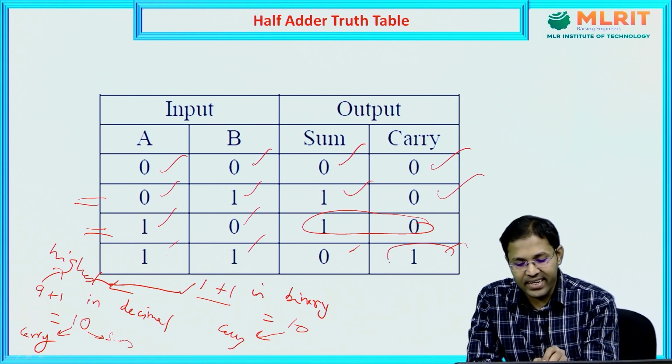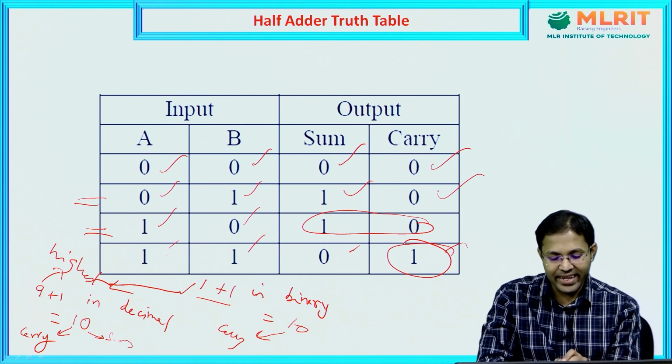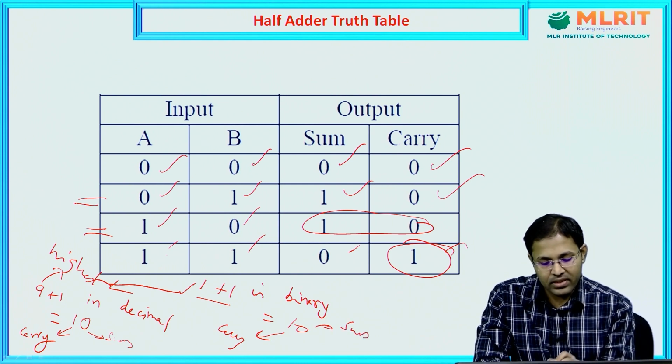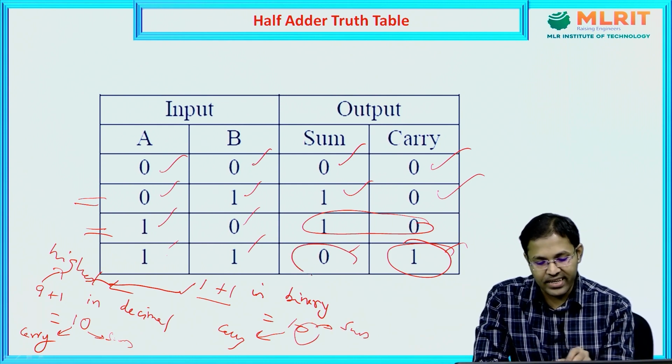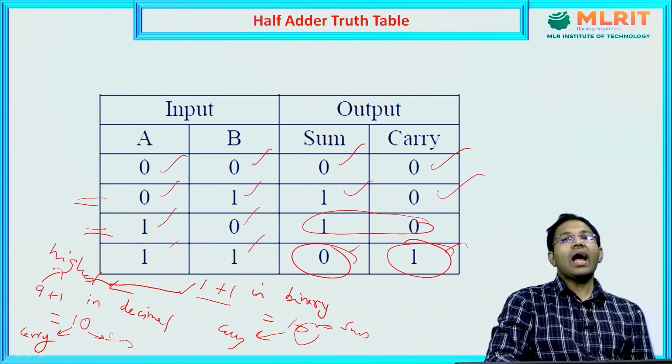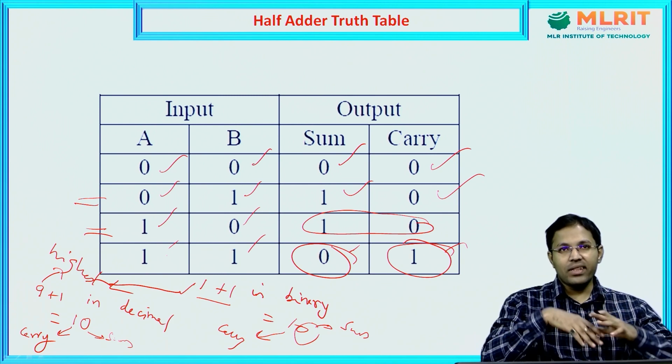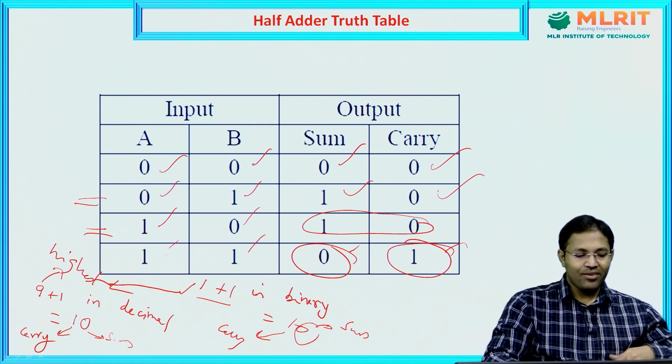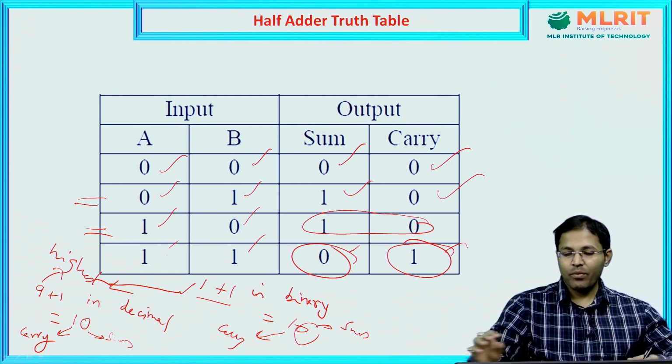Here it is indicated carry is 1, and then the sum we are getting 0, which is indicated here. I will expect students to remember this. When we go for full adder, we can use the same concept there.